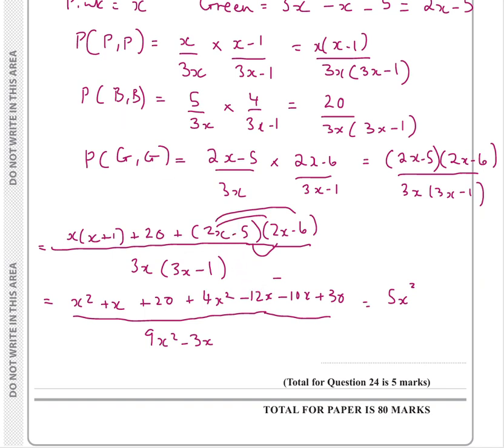Hang on a minute, I've copied that one wrong, I've just realized. So this is x minus 1, so this should be x minus 1. This should also be a minus here.